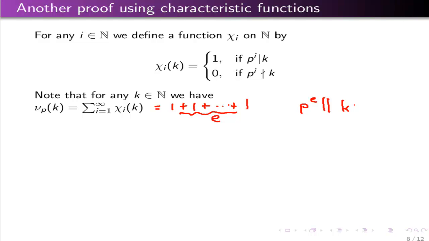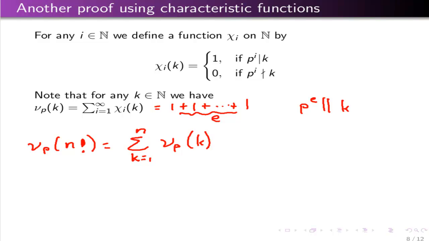So then, going back to our theorem, if I want to calculate nu p of n factorial, so what is that? That's the sum, as k goes from 1 to n, of the multiplicity of p dividing k. So I want to add up all those multiplicities.